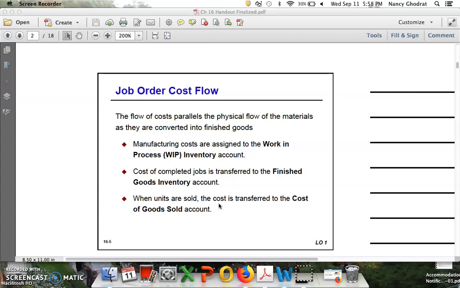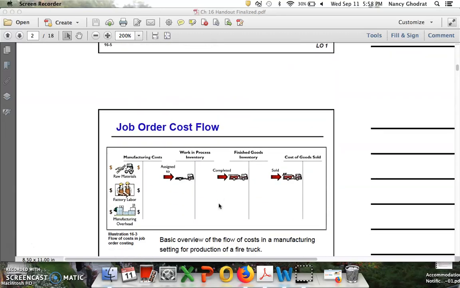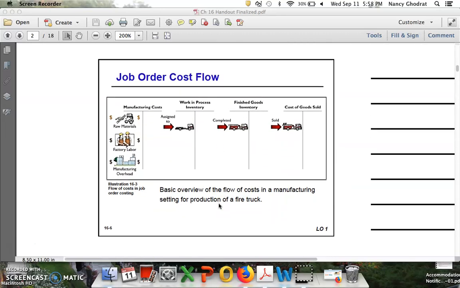Eventually, work in process will finish, and it becomes finished goods inventory. And once we sell the finished goods inventory, then the asset will go away and an expense called cost of goods sold is created. So this slide will show you the flow of the cost under a job order cost system.